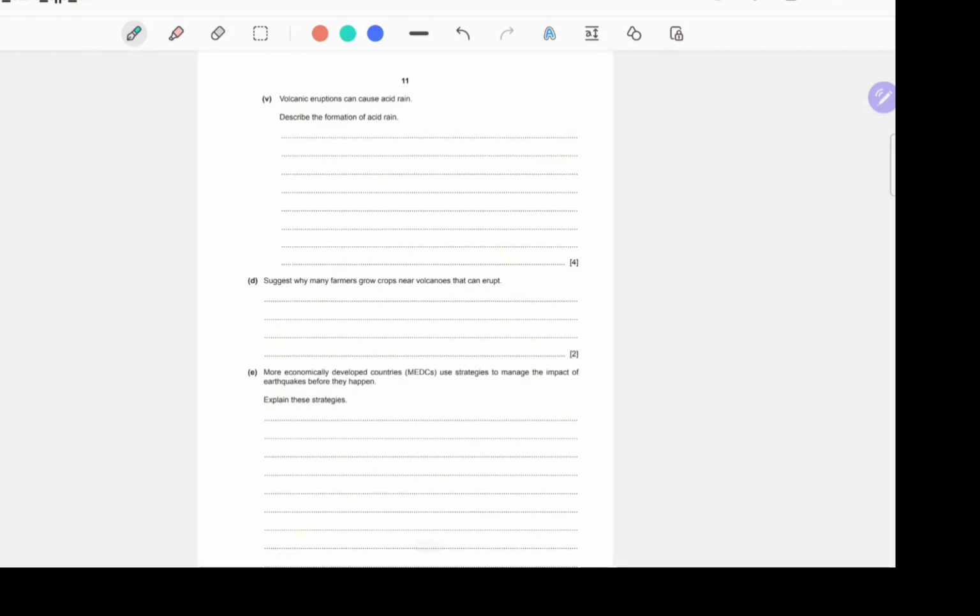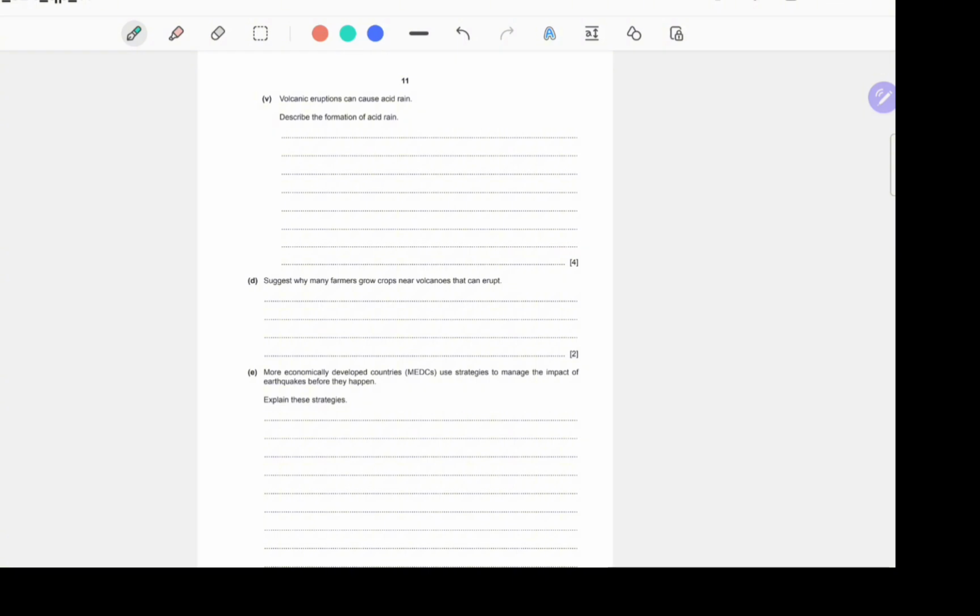Fifth question. Volcanic eruption can cause acid rain. So what is acid rain? An elevated level of hydrogen ions with low pH, harmful to plants, aquatic animals and buildings. So how is it caused during a volcanic eruption?